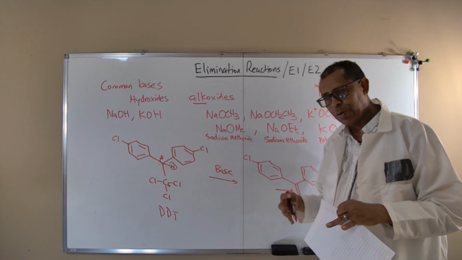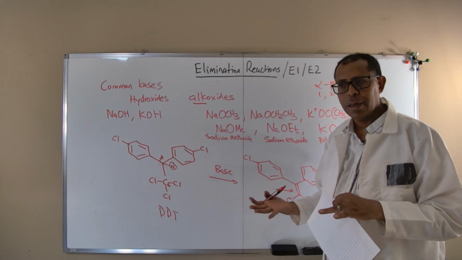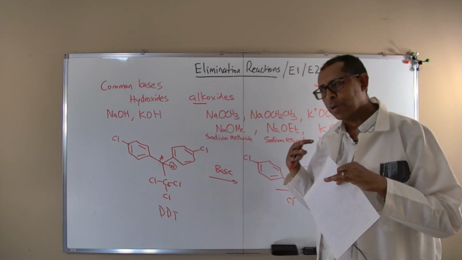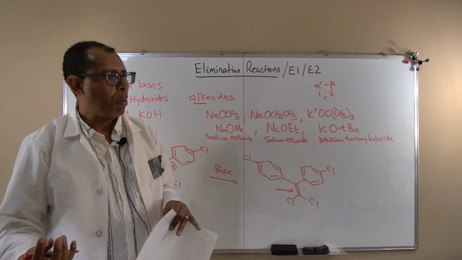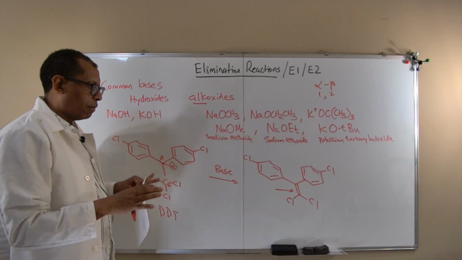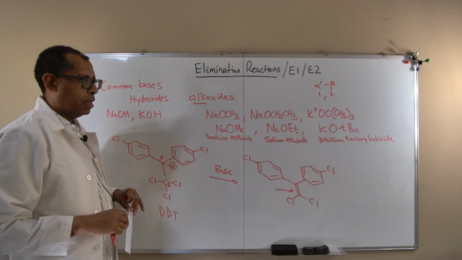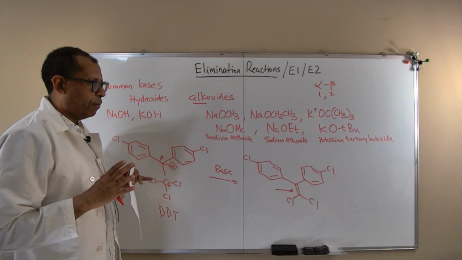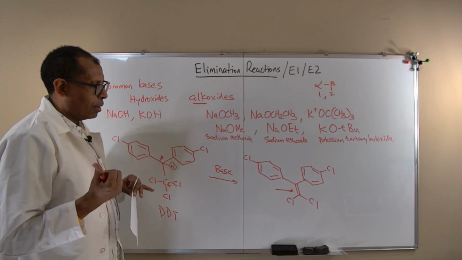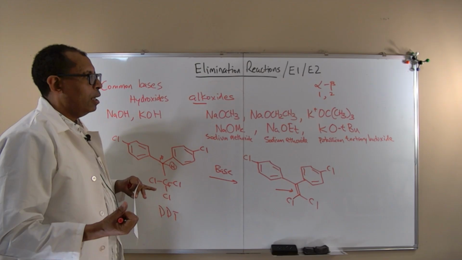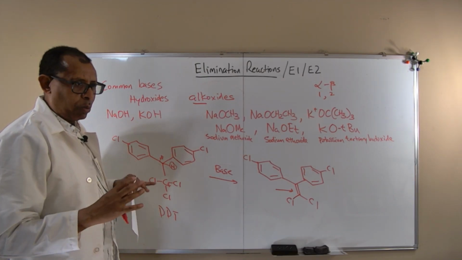If the alkene is not more stable, there is a preference to a more stable alkene. Even sometimes the alkene may not form at all because of the stability of the type of alkene you're going to form. So we'll go in detail with the type of alkenes that would be formed, and also the sp2 hybridization.